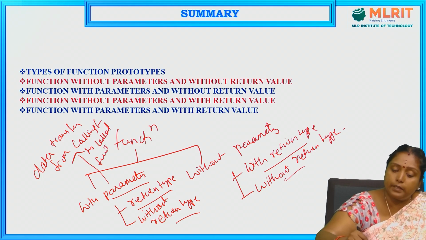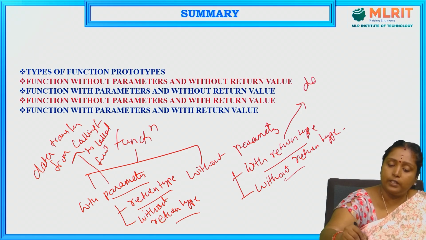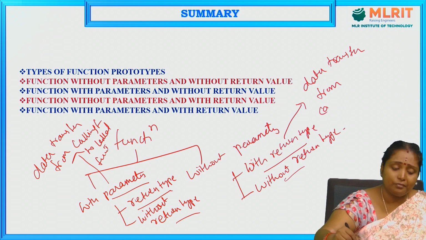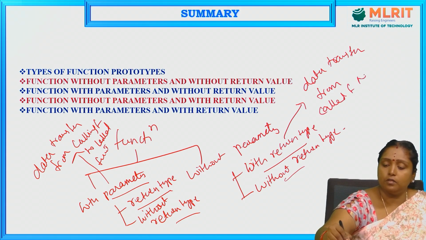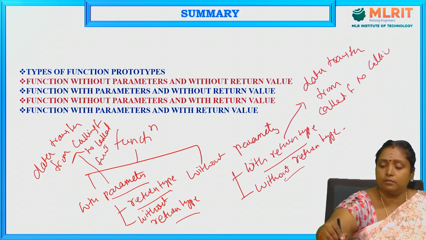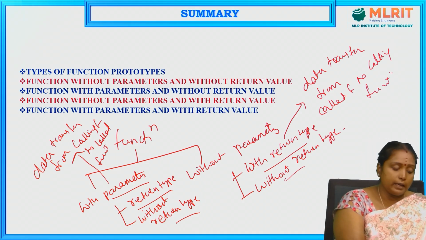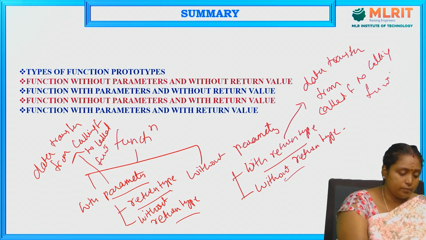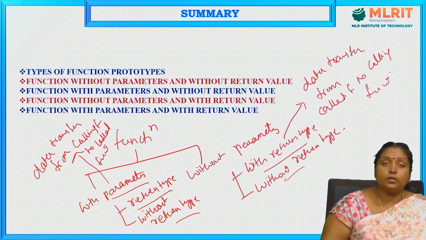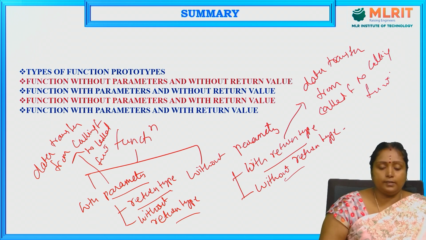Return type means you are transferring data from the called function back to the calling function. We have seen example programs regarding this also. So this is all about this session.